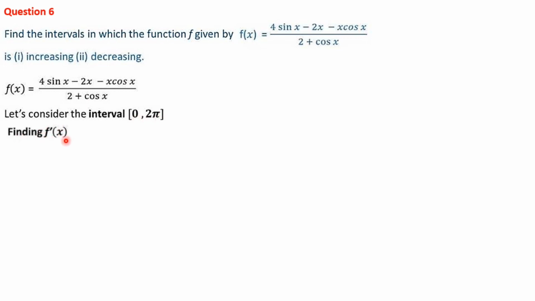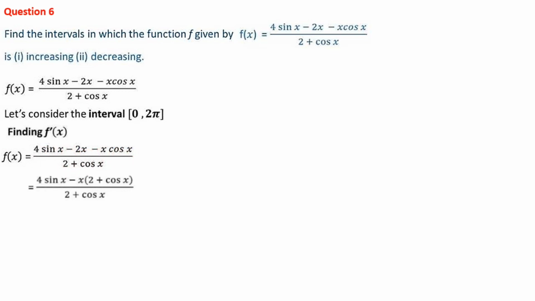Finding f dash x. Before going for finding f dash x, this one actually is in a fraction format, so we have to make a little adjustment. f of x is equal to 4 sin x minus 2x minus x cos x by 2 plus cos x. Here in the terms 4 sin x minus 2x there is x common, that we have taken outside. Then minus x we can take common. Minus x if you take common, here there is 2 balance, here there is plus cos x divided by 2 plus cos x.